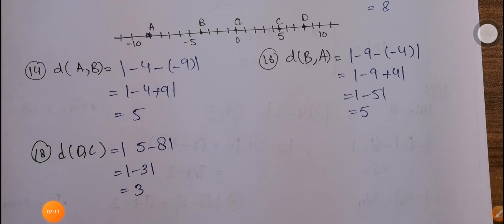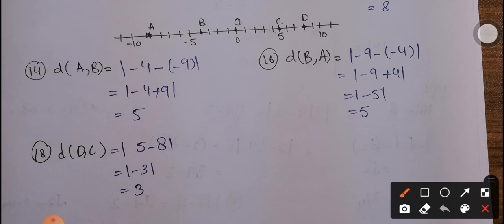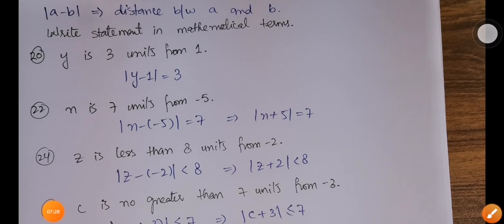Here we have the distance of D and C. D is at the point 8 and C is at the point 5. So 5 minus 8, that is the mod of minus 3, or plus 3, will be the answer for it. As we have discussed, the absolute value of a minus b represents the distance between A and B.